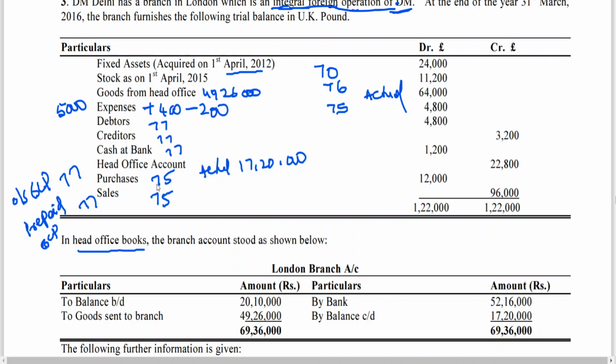If you don't have the time, you can skip this. But since we have some adjustments to be made, because we are asked to incorporate them, whenever you have adjustments like this, all these items have to be copied down first. Then you go for these values in foreign currency, then write the rate of exchange, followed by Indian currency. Clear to all of you? So that is what I am going to do now.